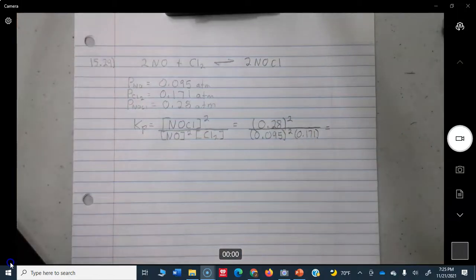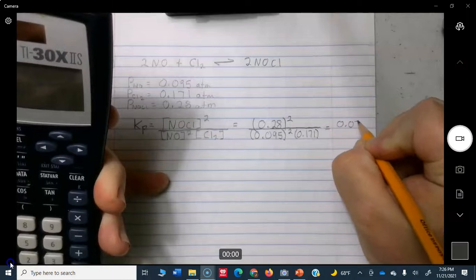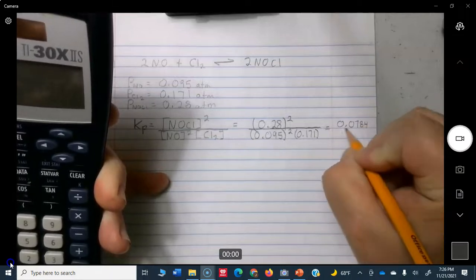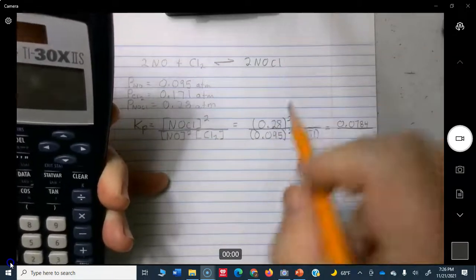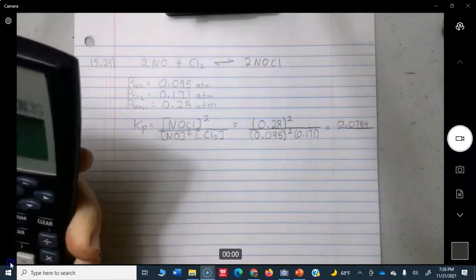Again, I like to do things in pieces: 0.28 squared, and it gives us this on the numerator. In the denominator, 0.95 squared times 0.171. This.